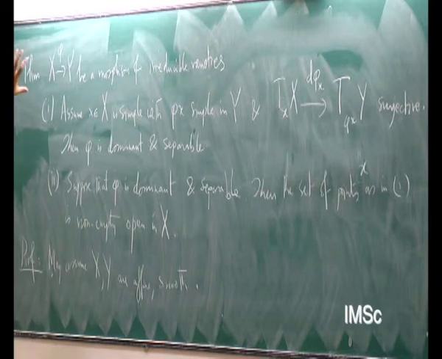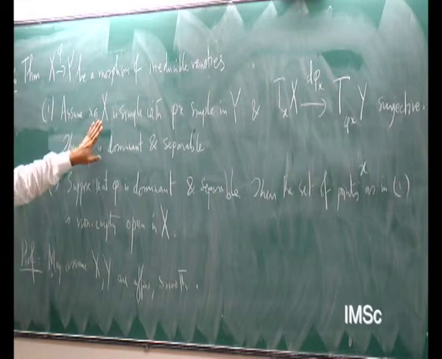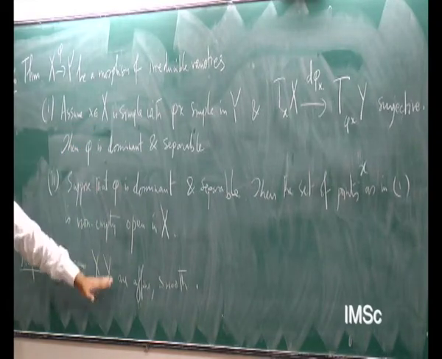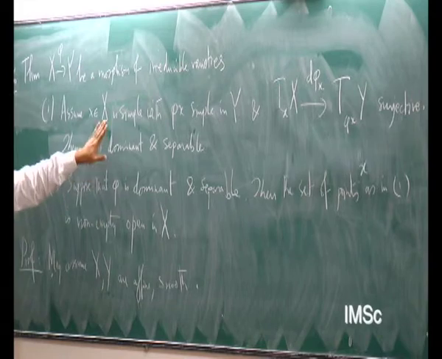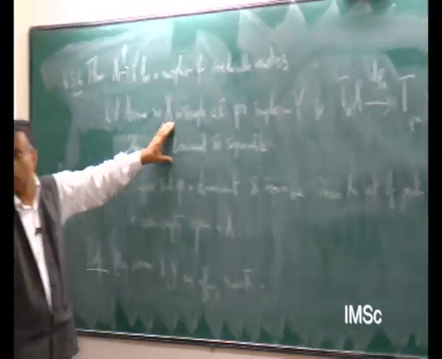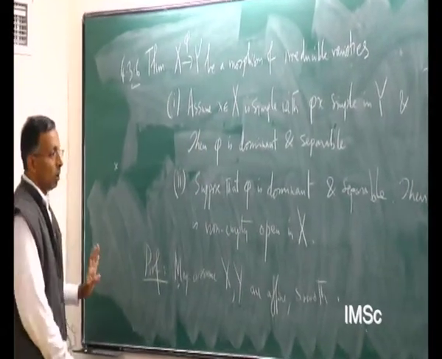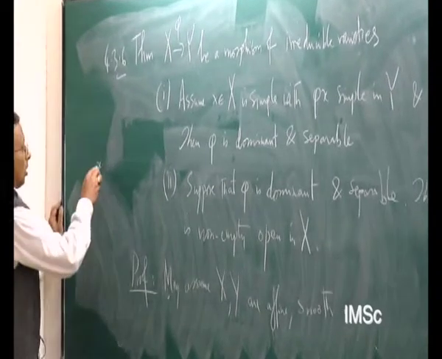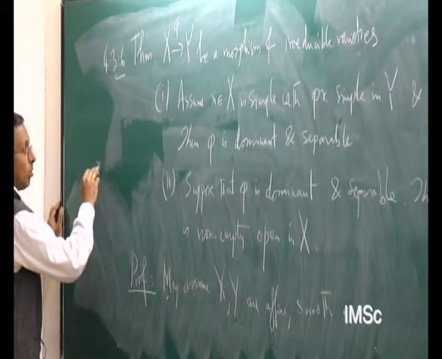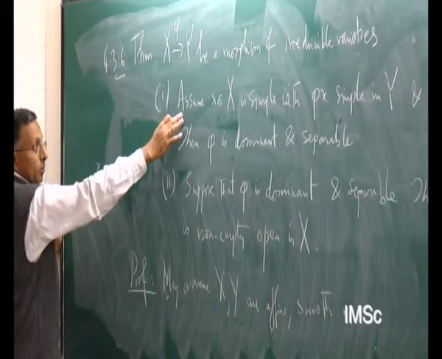Suppose we are trying to prove the first one. What we need to show is, suppose I show 1 under this assumption, then 1 is shown. So I'm given this.